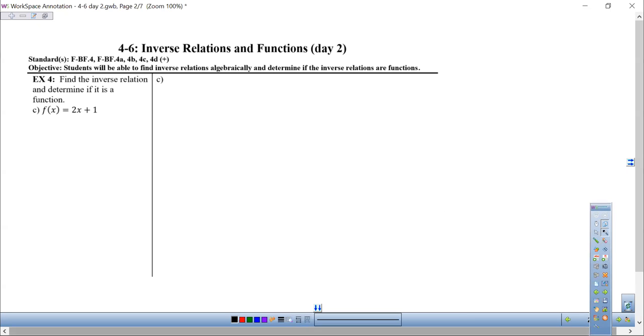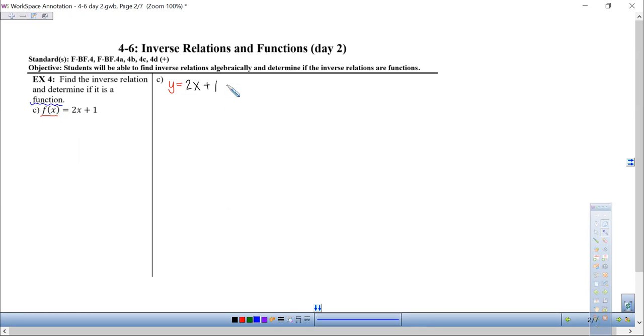Our steps, remember from last time, were that we want to start with our equation and change our f of x into a y. So I have y equals 2x plus 1. At this point, I want to think about whether I can tell if my inverse is a function.